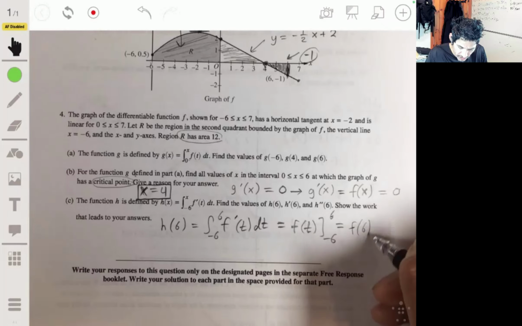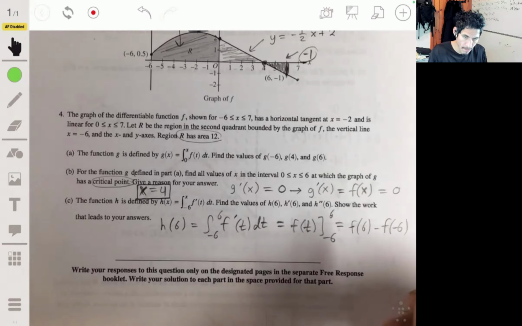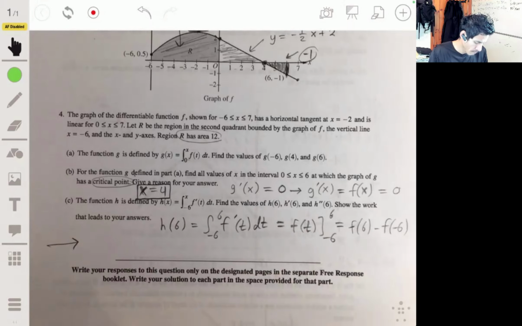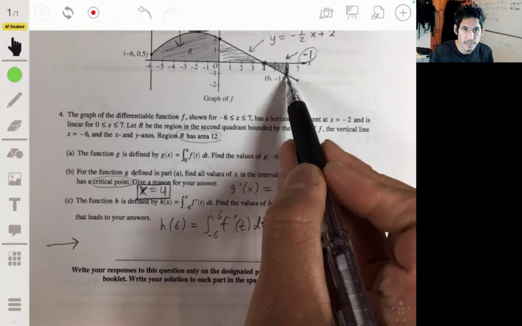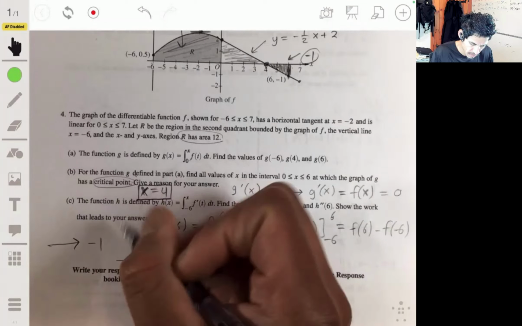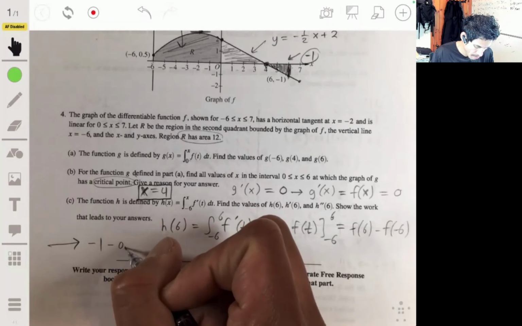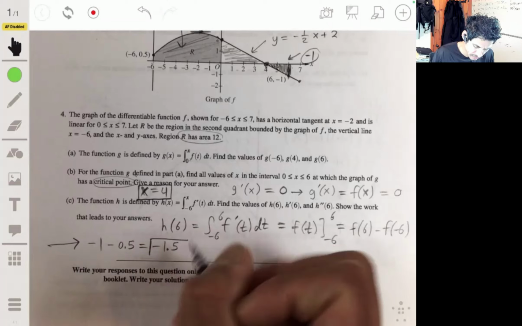So we're just going to have f of 6 minus f of -6. f of 6 would be right here, -1. And f of -6 is 0.5. So our answer would be -1.5 for that first one.